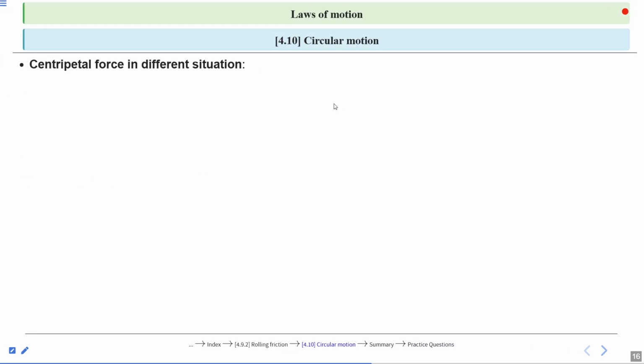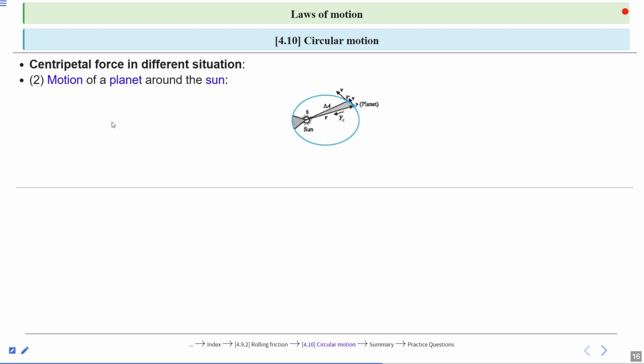Second situation, motion of a planet around the sun. Look here, we have a sun and the planets move around the sun. When the planets move around the sun, there is a force acting towards the center of the path, that is centripetal force.